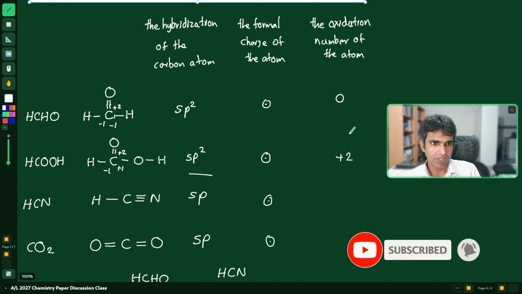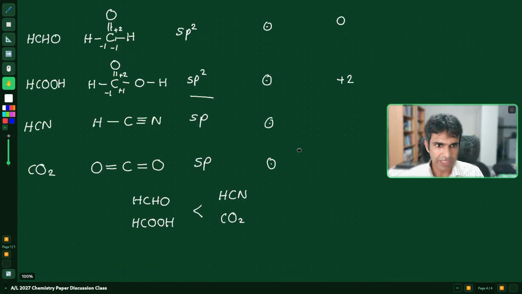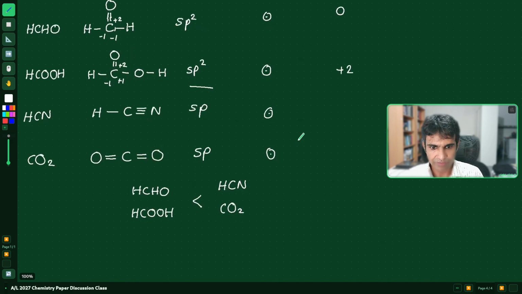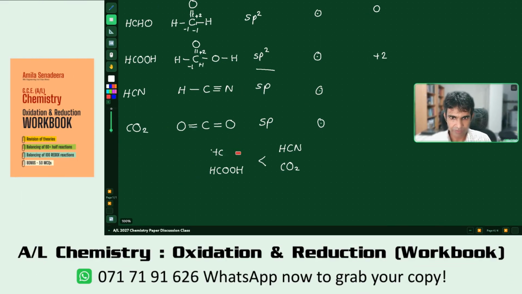So, when oxidation number increases, electronegativity increases. So, we can write that the electronegativity of carbon atom in formic acid is higher than the electronegativity of carbon atom in formaldehyde.